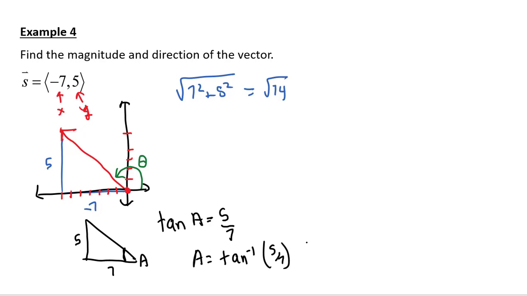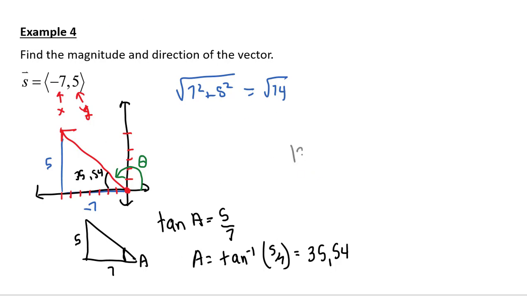So I write that, I find the inverse tangent of 5 divided by 7, that is 35.54. So that's what this angle is here. That angle there is 35.54. I need to find this angle theta. So theta plus that 35.54 add up to 180.